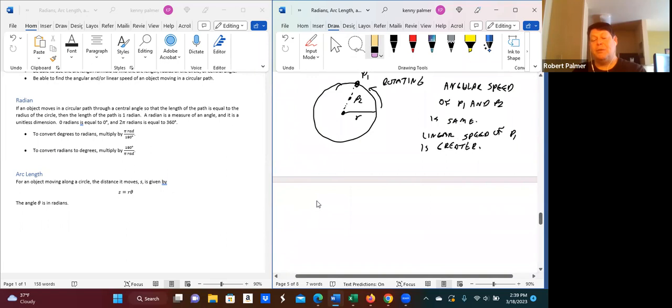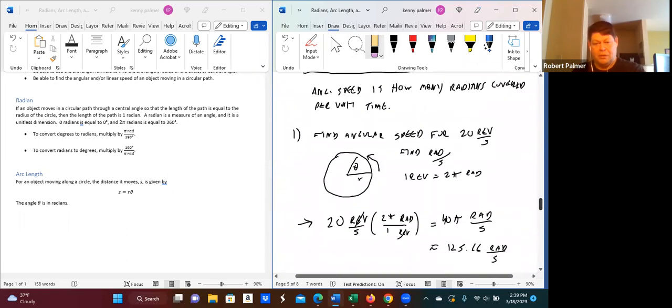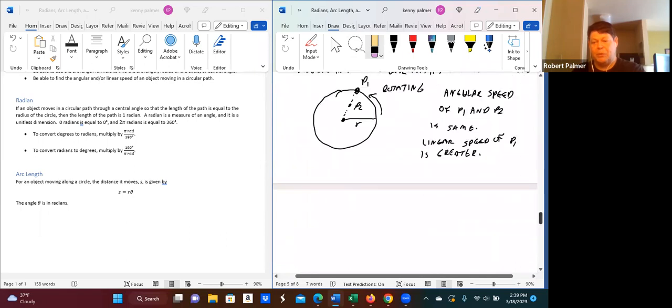Now, how do we find that linear speed? Well, let's look at another example. Call this number 1 or maybe number 2, doesn't matter.